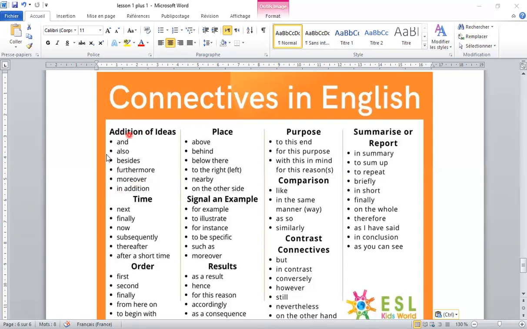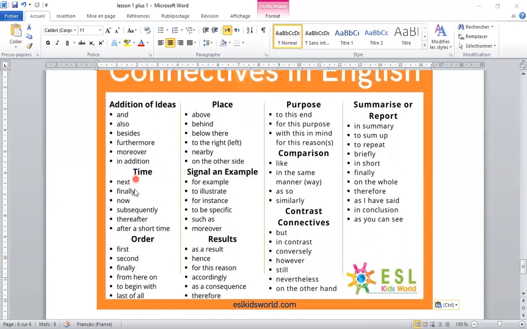These are used when we would like to add other ideas, to explain more ideas. There are also connectives of time, for example, next, finally, now, subsequently, thereafter, after a short time.